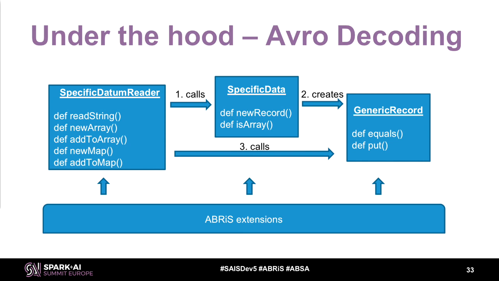And for us to be able to do this, we extended this put method so that when another generic record, a nested generic record, gets into the record that we are manipulating, we convert that to a Spark row on the fly. So if it fails fast, it's good. If it does not fail, we don't have to go inside the record and unwrap everything, after the whole record is decoded. And we extended this specific data to, of course, when this is called by specific data reader, it return our own records, not the Avro's generic one.